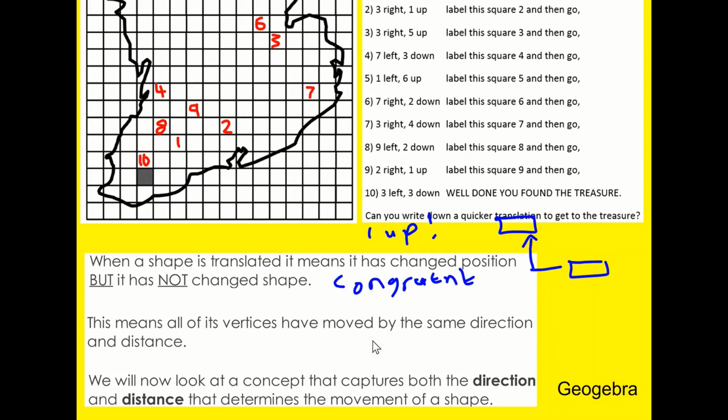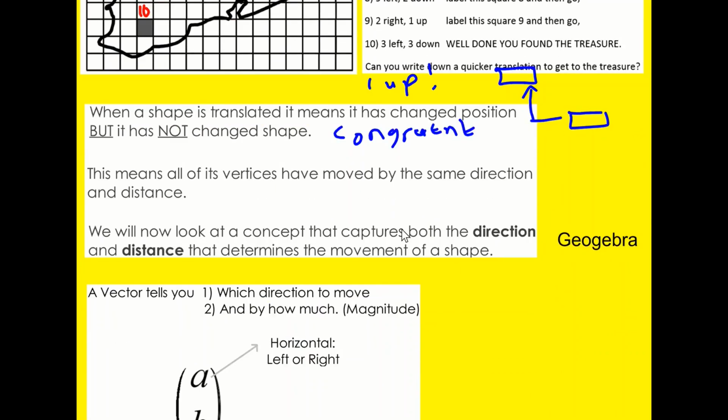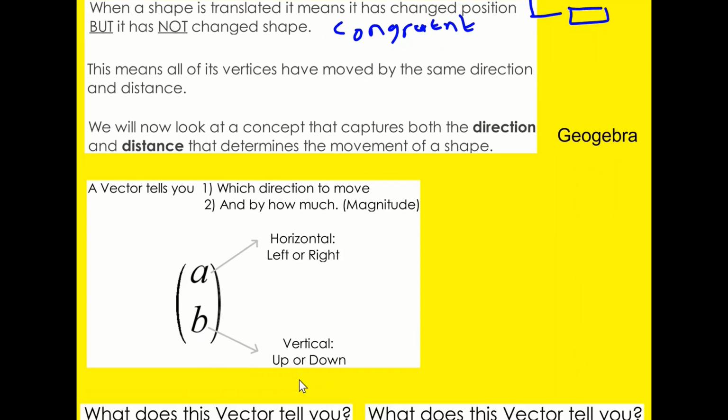Okay, here's the key thing then. We'll look at a concept that captures both the direction and distance that determines the movement of a shape. It's along the lines of what we just did, but it's called a vector. So we write vectors like this, and it tells you which direction to move and by how much. The thing on top is how much you're moving horizontally, left or right, and the thing on the bottom is how you're moving up and down.